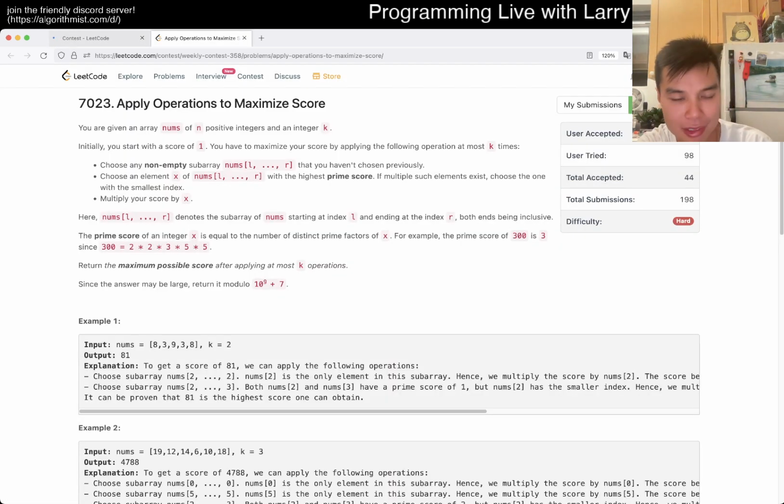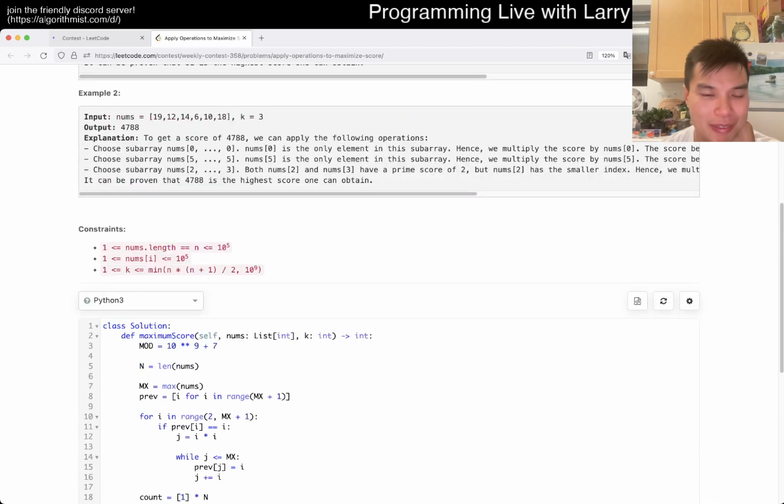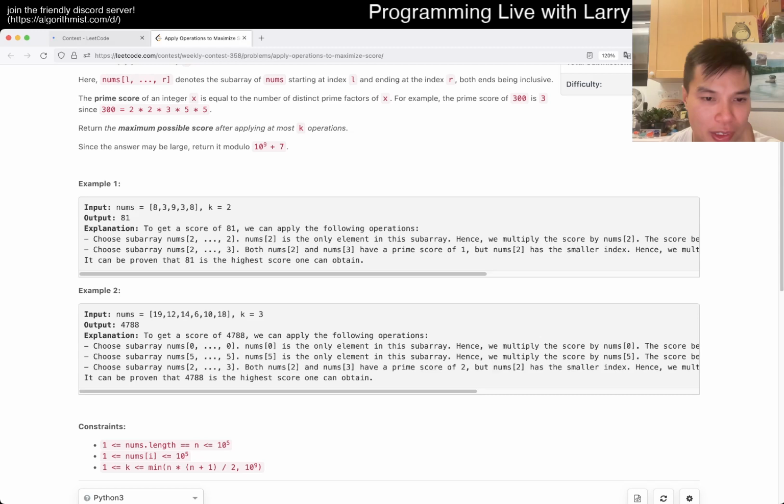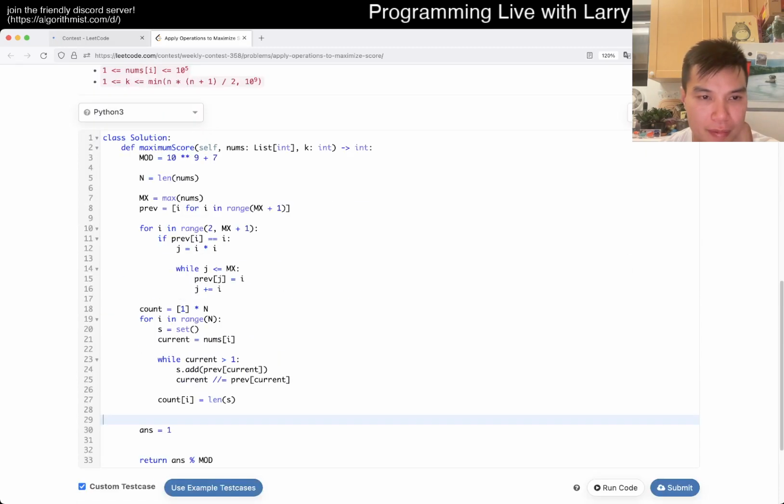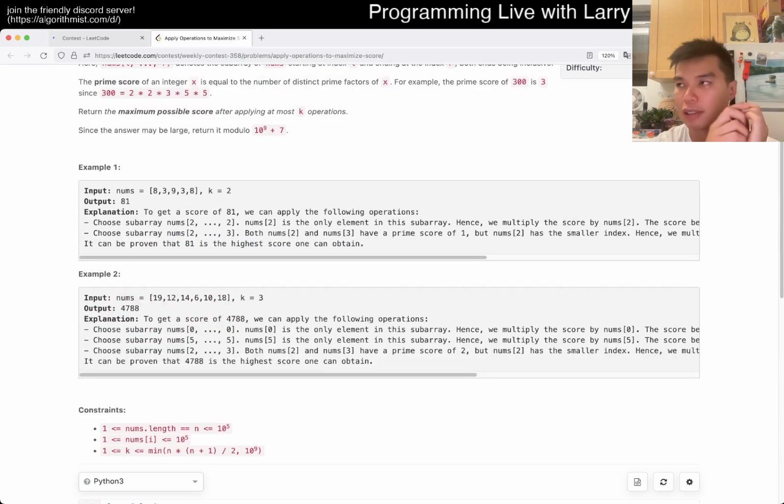Oh man, why did I misread the constraints? Okay, the min confused me, I suppose. Okay, focus. That part is the same. That's a contribution. Alright, so if this is the leftmost, how many pairs can it be in? So on the left it extends, and then on the right it just extends, right?